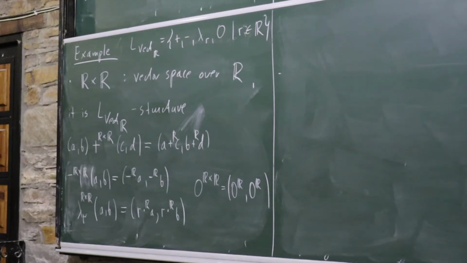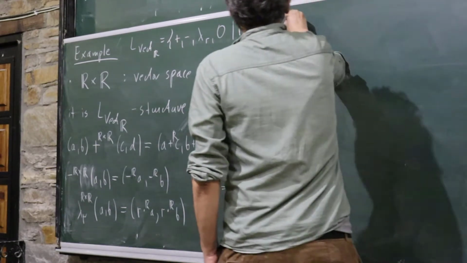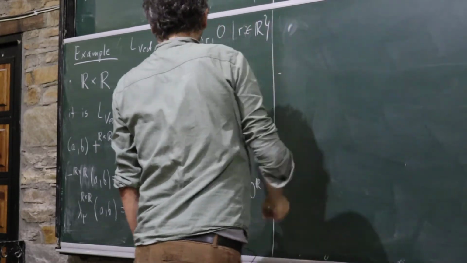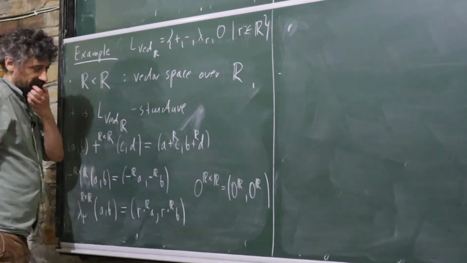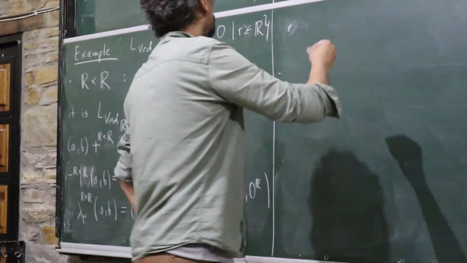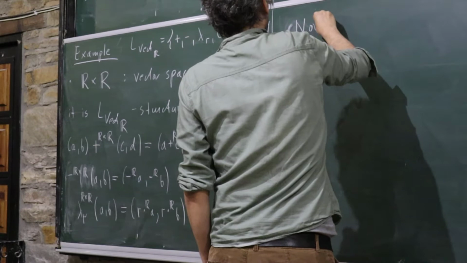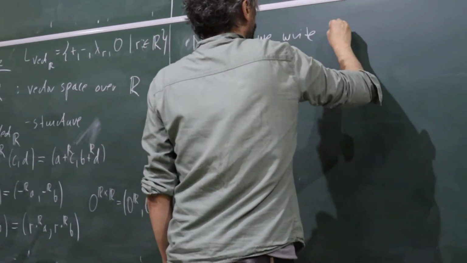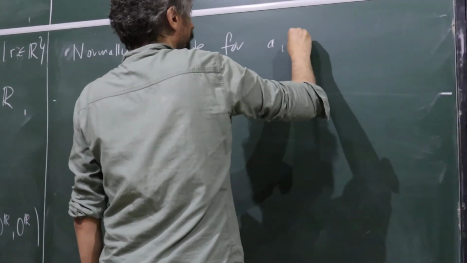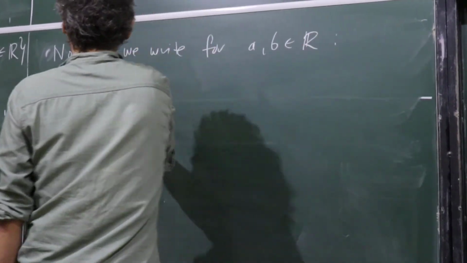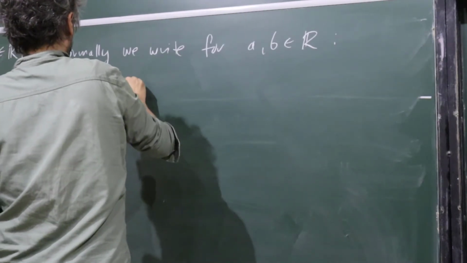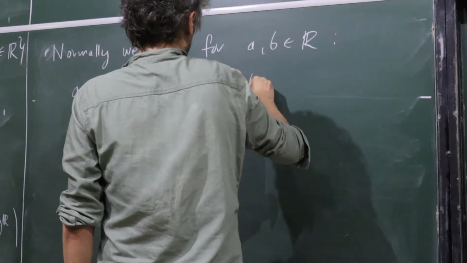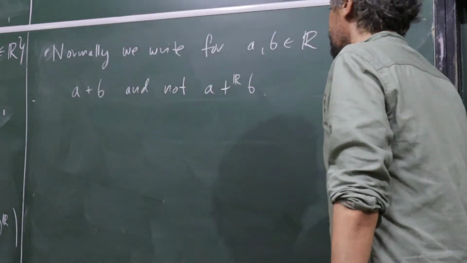And an example of a sentence. Of course normally we write, for a, b in R, a plus b and not a plus R b.